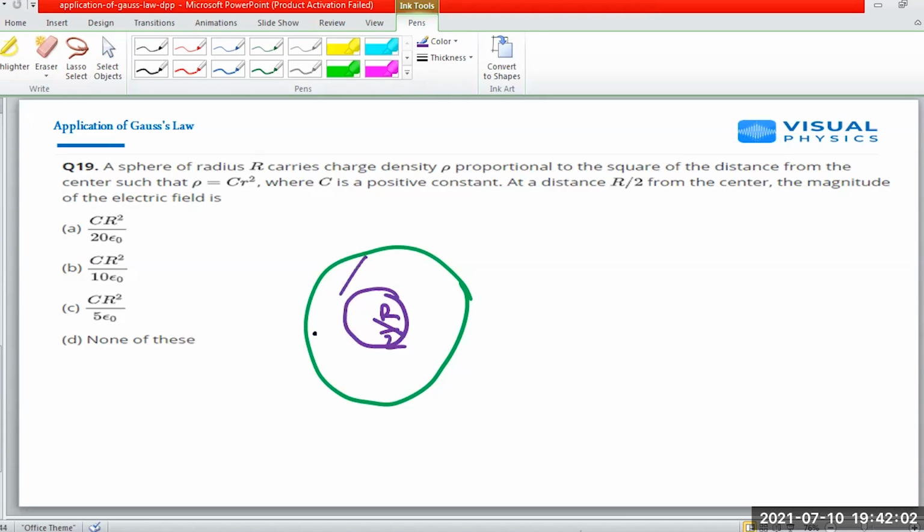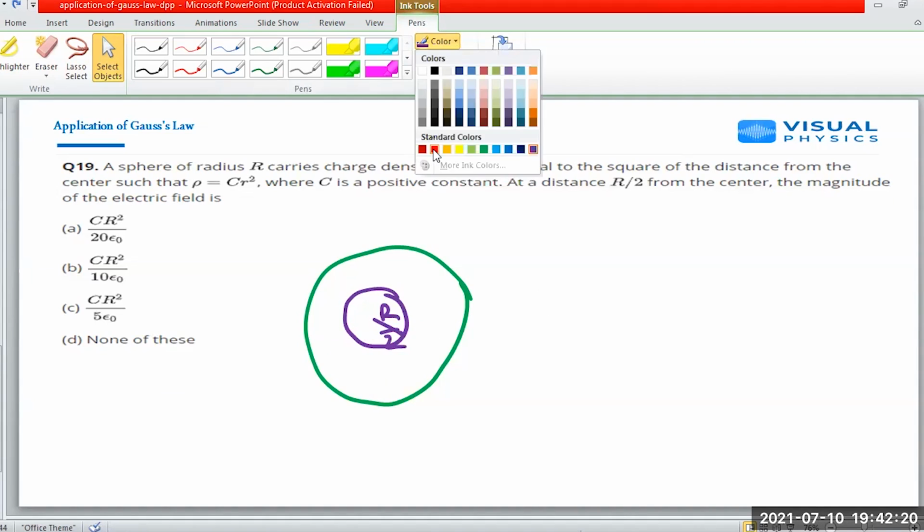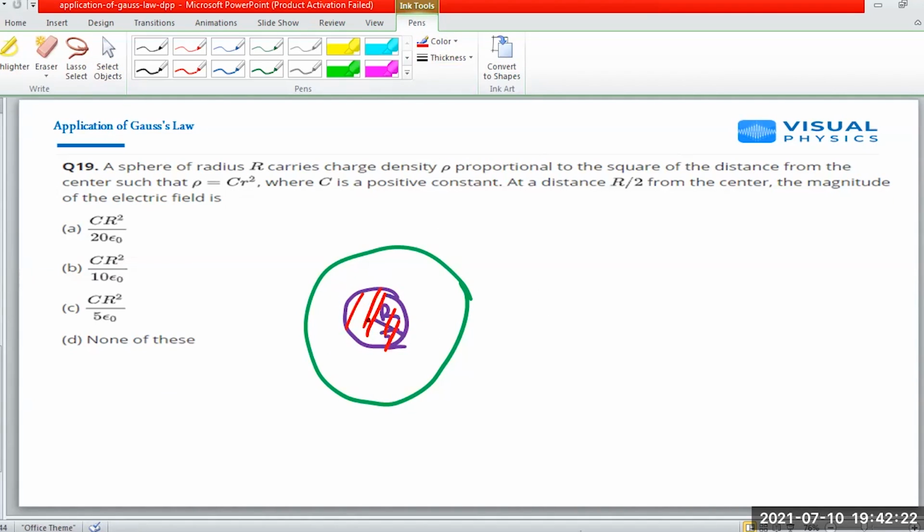If the total sphere is filled, obviously I am interested only in the charge inside this sphere. Likewise, the previous question we have already done, so I'm not going to solve this question fully.